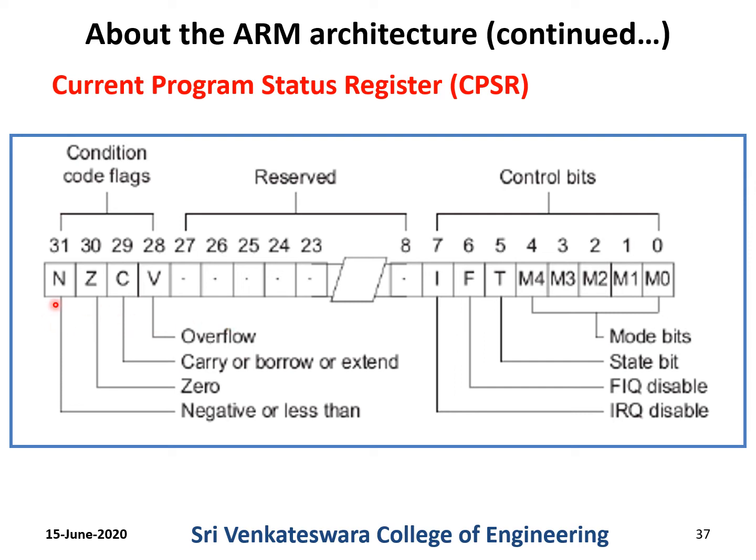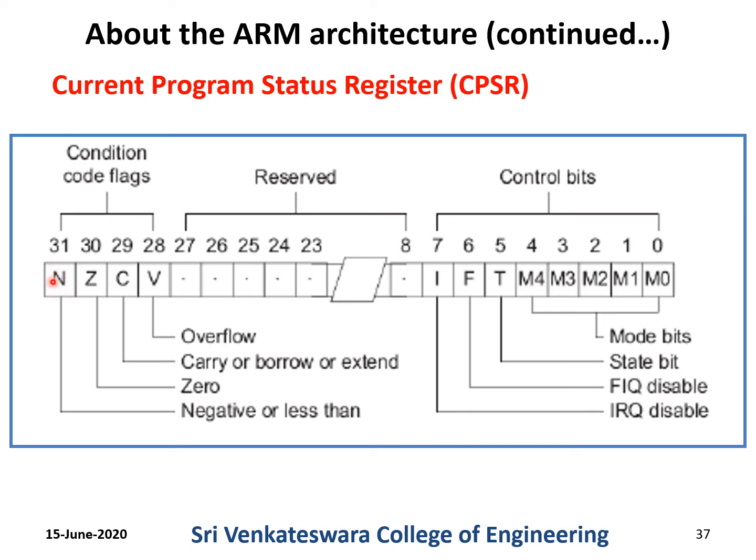Moving from left to right, from the most significant bit to the least significant bit, we can see that there are some condition code flags. N indicates a negative flag. Whenever the ALU operation creates a 1 in the most significant bit, this bit is set.